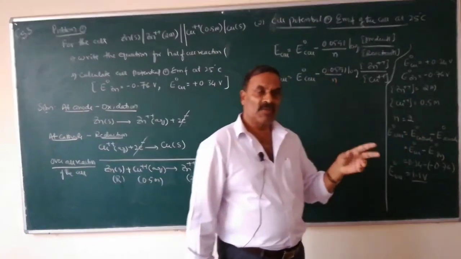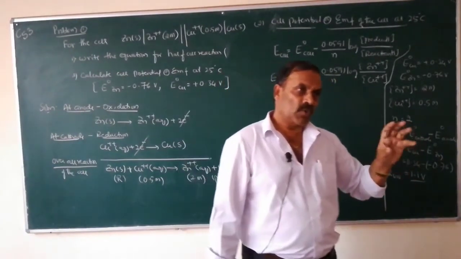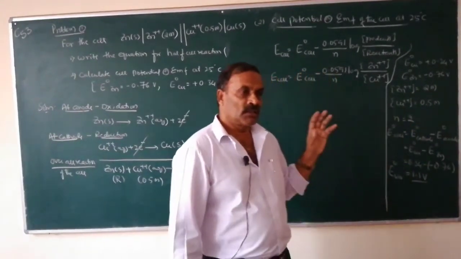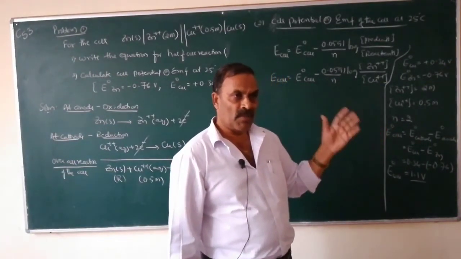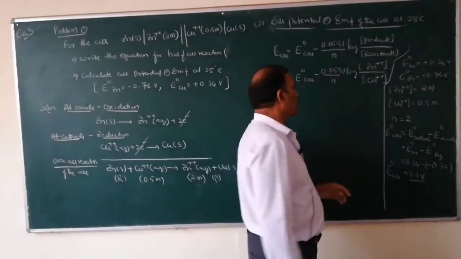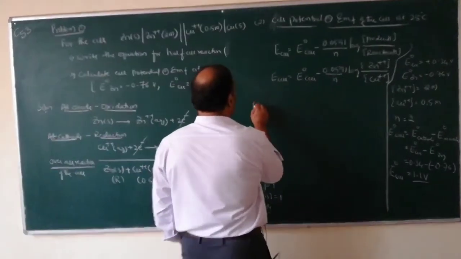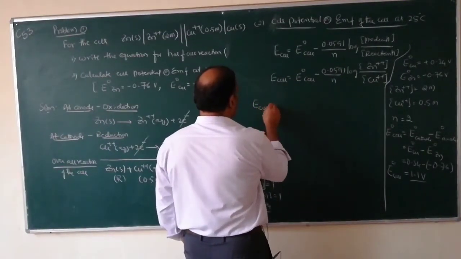To get EMF, E cathode minus E anode, that is the higher electrode potential minus the lower electrode potential.